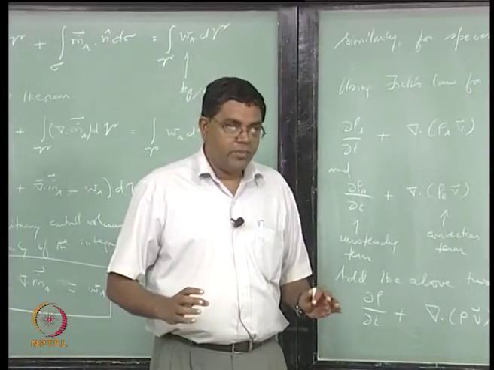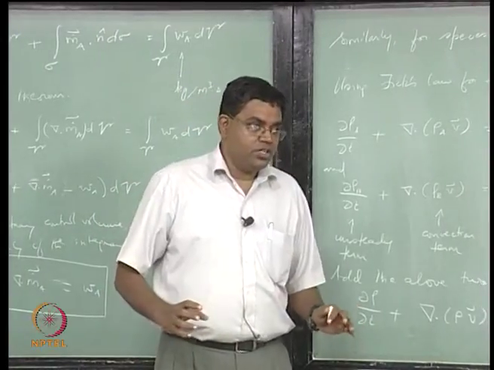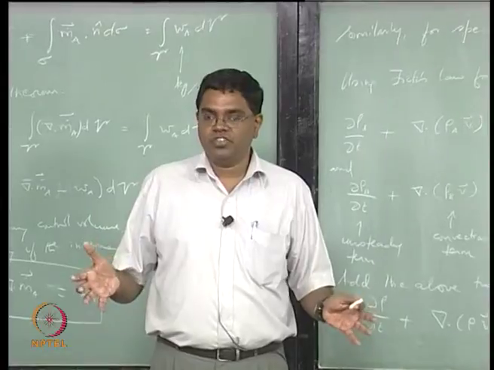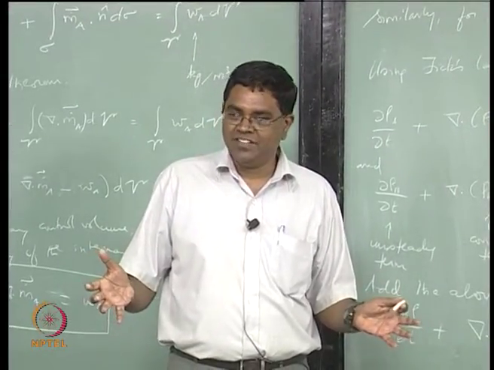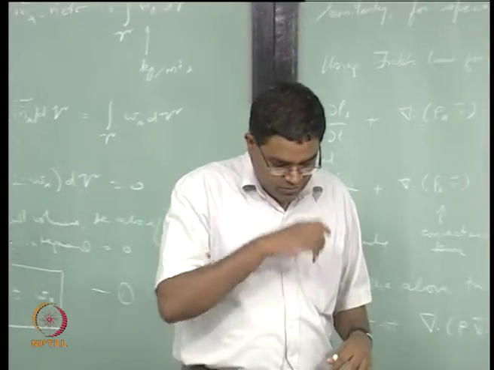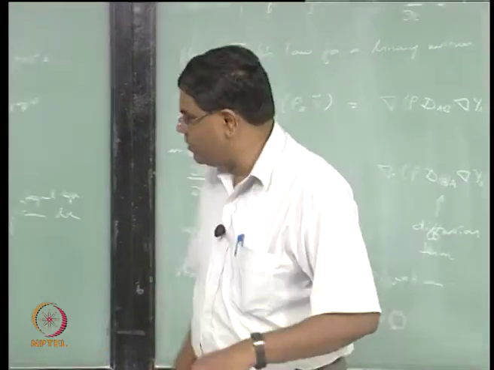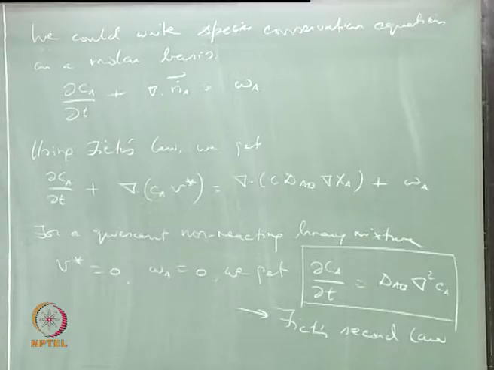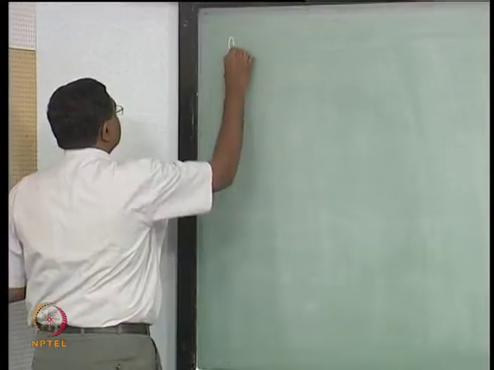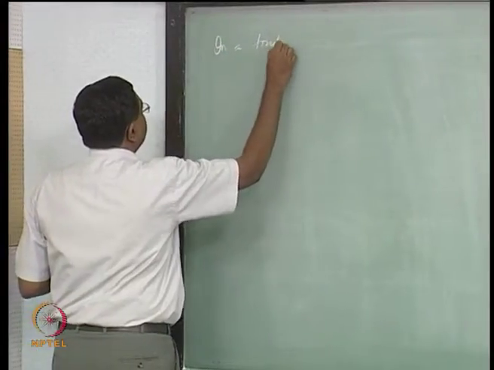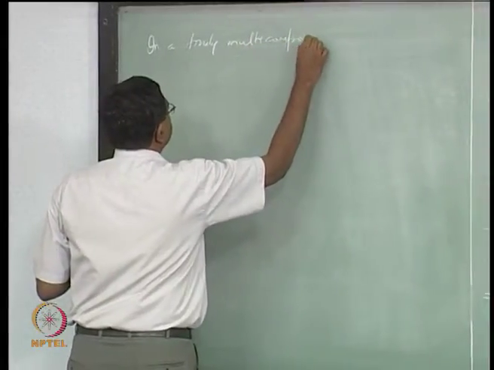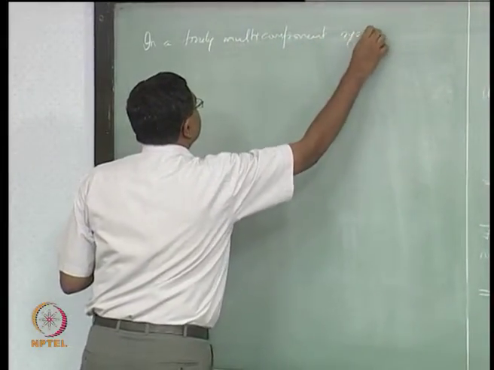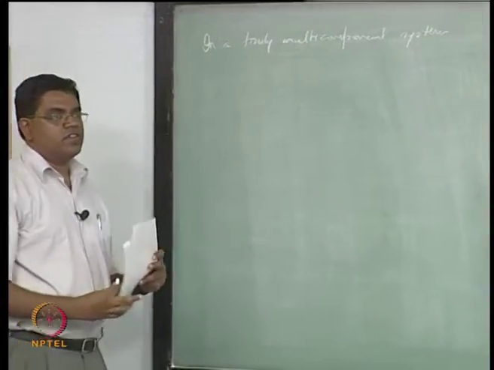Now, while we started talking about mixing, that is diffusion, we have been stuck with binary mixture. Binary mixture is boring, we need something more. So let's look at what to do for a multi-component system now, a truly multi-component system. When you say truly, that means it is not even binary.